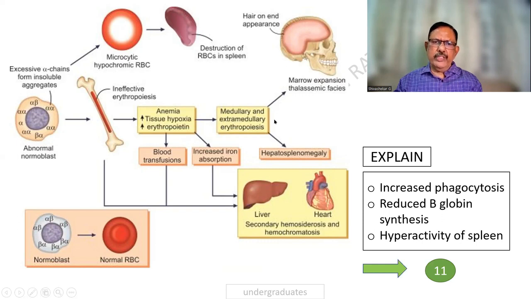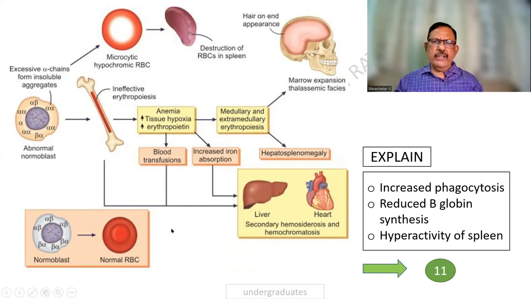Extramedullary erythropoiesis can happen because of the severe anemia. Erythropoietin is also being produced, but the patient will require repeated blood transfusions owing to massive and recurrent hemolysis. Also, because of it, there can be an increased amount of iron absorption because of depletion.